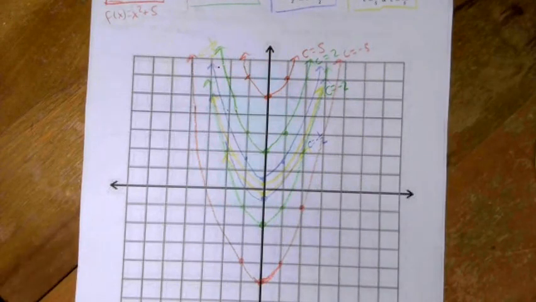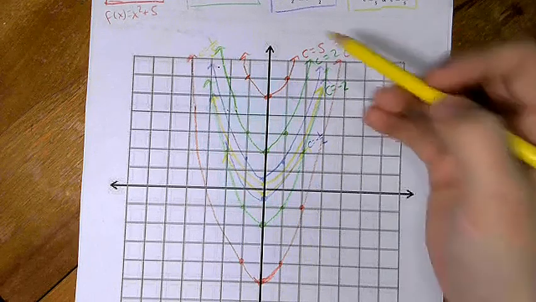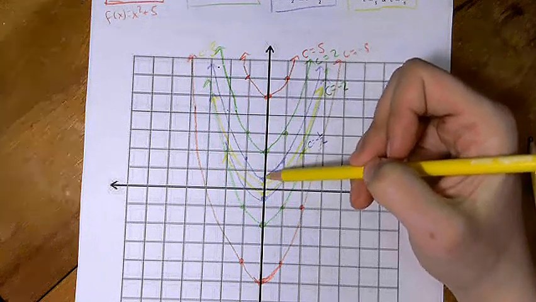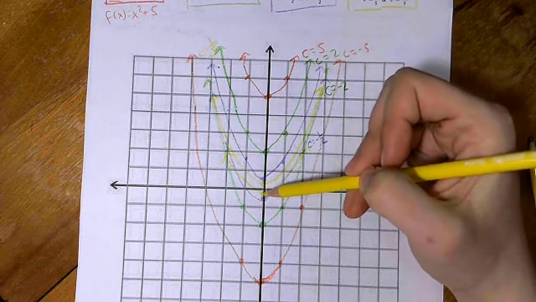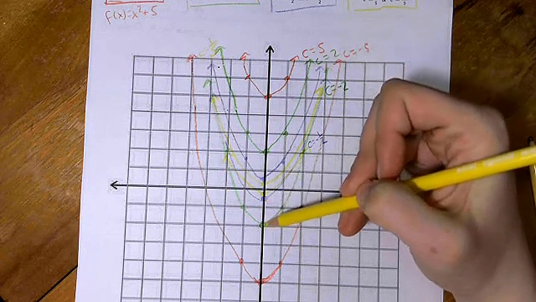So what happens when we change our c value? We go from 5 to 2 to 1/2 to 1/5 to negative 1/5, negative 1/2, negative 2, and negative 5.